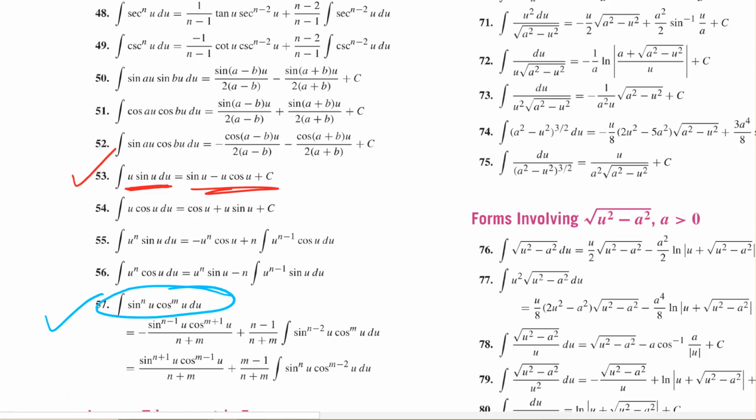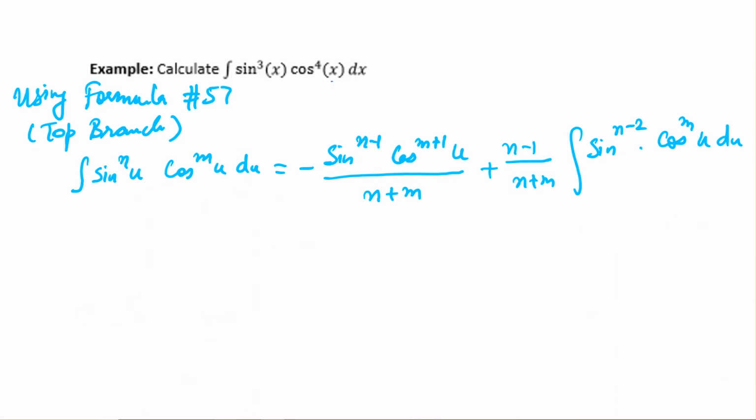So we're going to use this formula. There are two formulas for this form, so we'll use one of them to write our solution. So we are using this formula with n equals 3 and m equals 4 and u equals x.